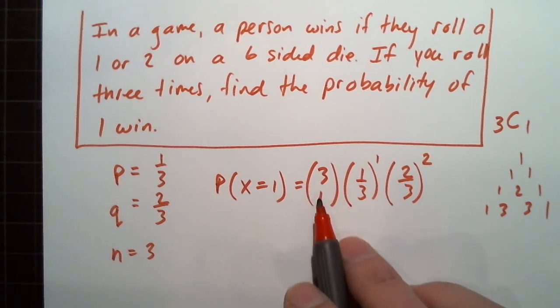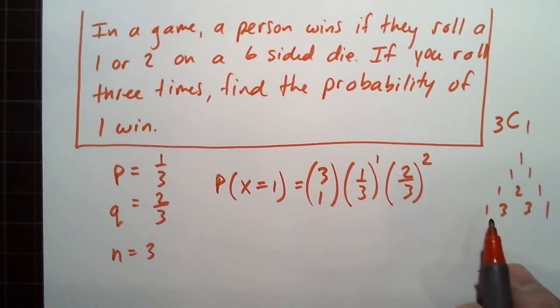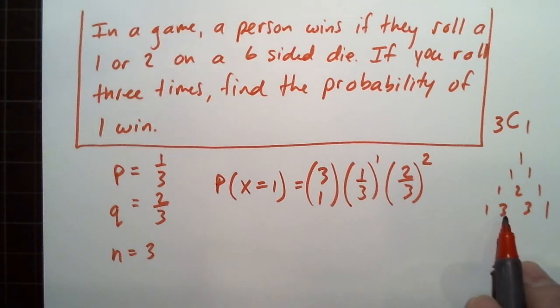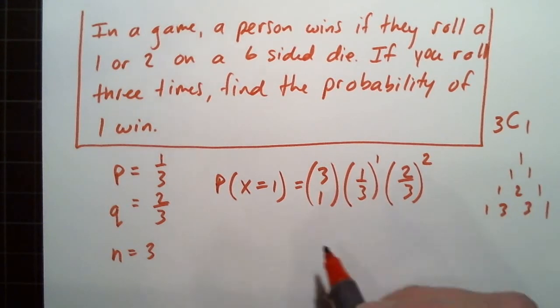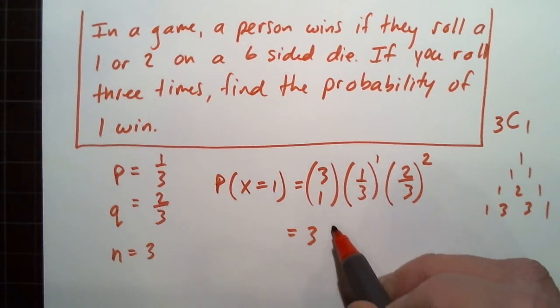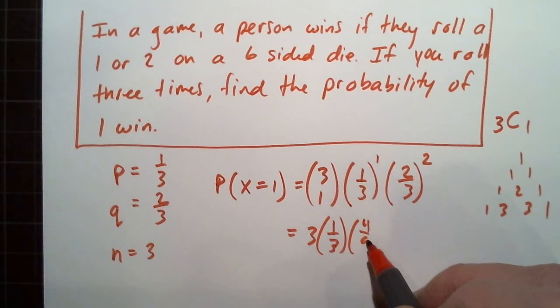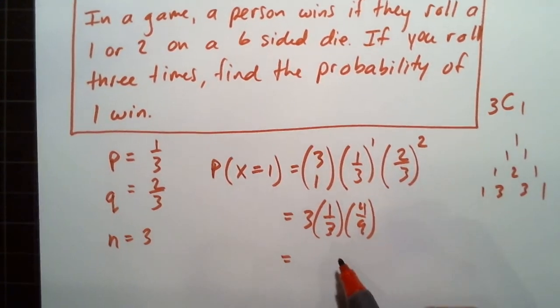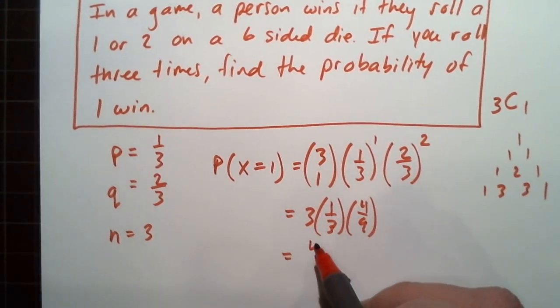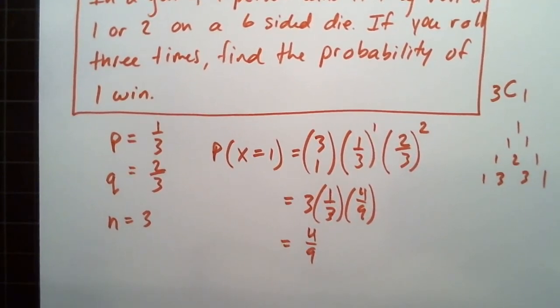So the value of 3 choose 1, whether it's 3 choose 0, 3 choose 1, 3 choose 2, or 3 choose 3, either way, the value is going to be a 3. All right, so we get 4/9. The probability of 1 win is 4/9.